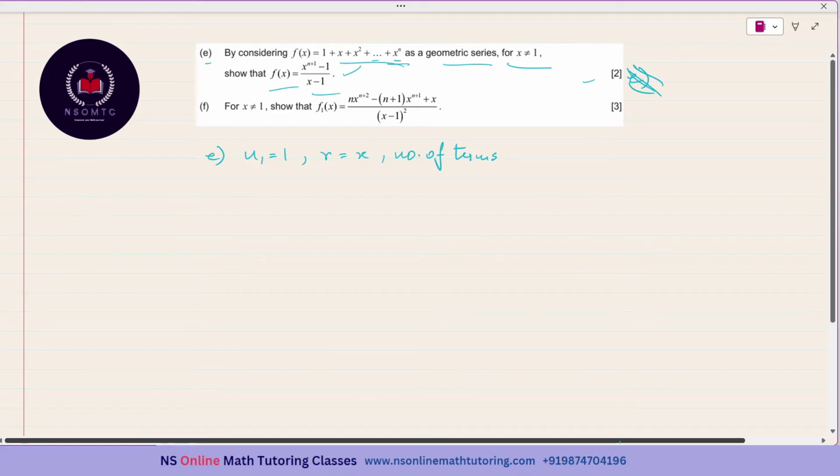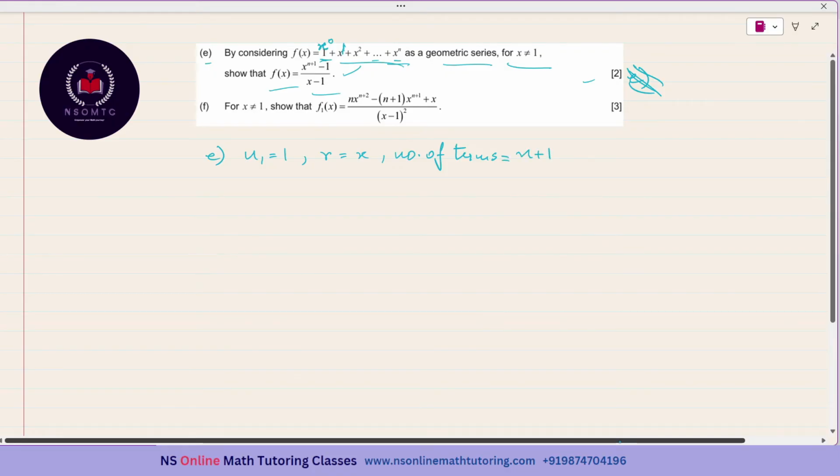That doesn't mean that the number of terms is equal to n. You have to be careful about this because the second term is having the power of x as 1. The first term is 1, which is having the power of x as 0 because any number raised to the power of 0 is 1. So 1 can be written as x to the power of 0. Therefore, the number of terms present is n plus 1 and not n. You have to be careful about this, okay?